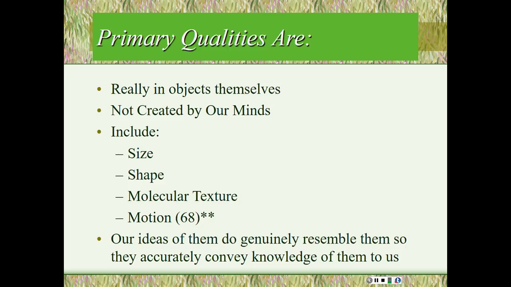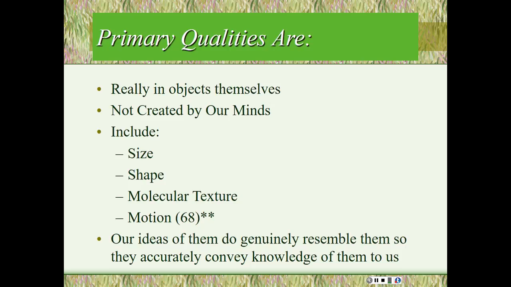Our subjective experience of the world is of a world with both primary and secondary properties, but for Locke, the world as it is contains only primary properties, not secondary.